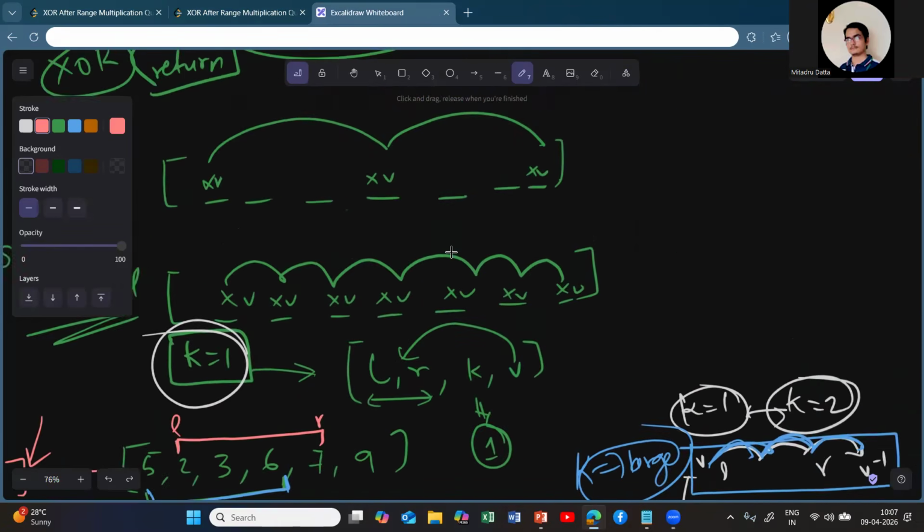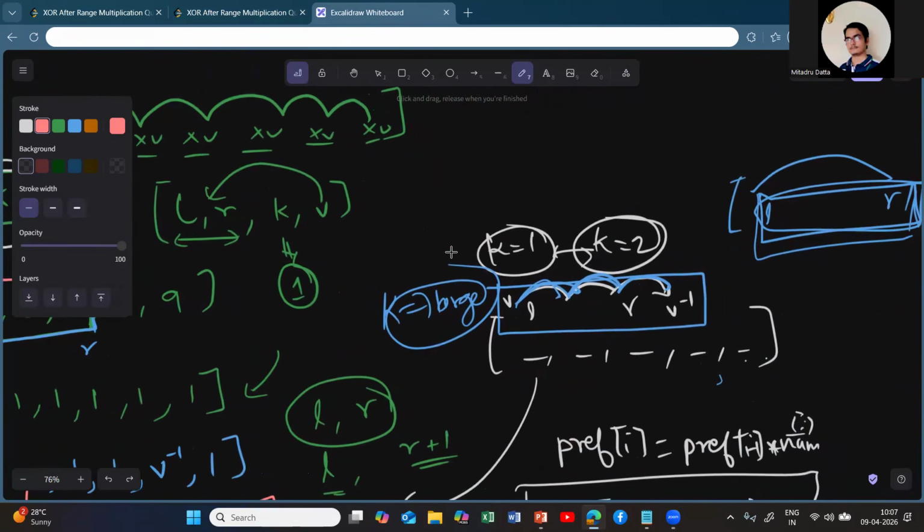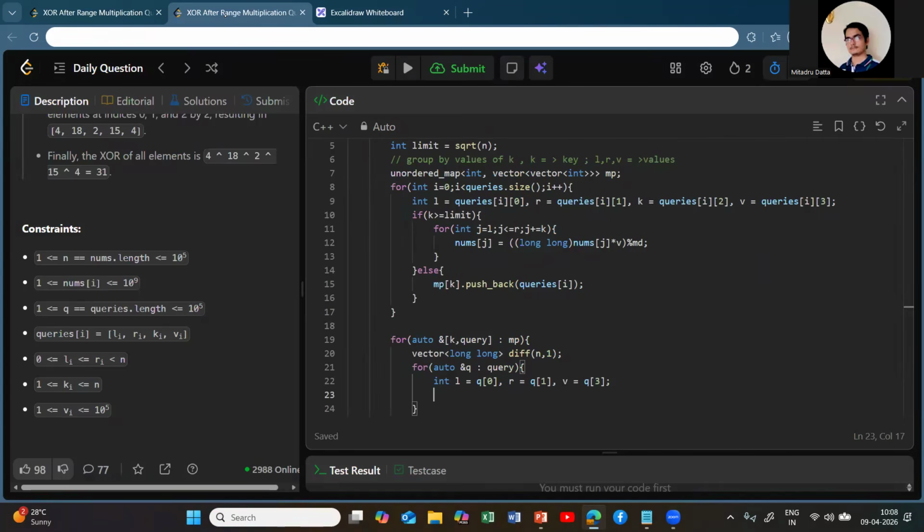If you remember this approach from L to R for any k not equal to 1, we multiply the first L value with V, and for V inverse, we see where it exceeds the R value. So initially at L, the difference array of L will be the difference array of L into V, and of course we take a mod of this.